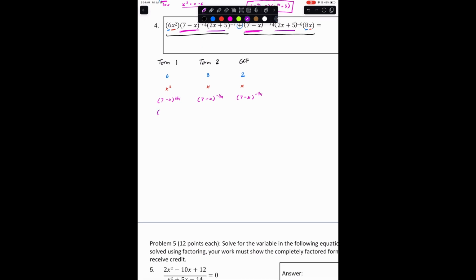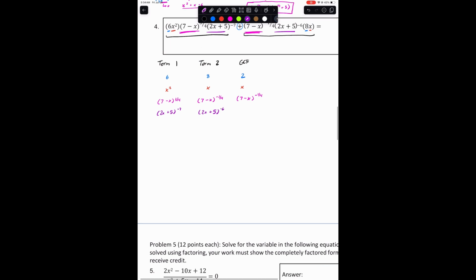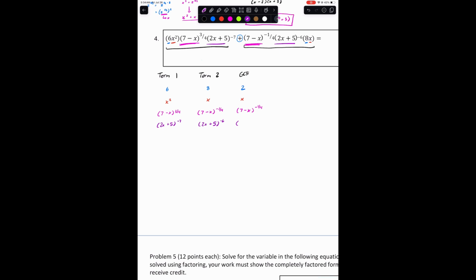So 2x plus 5 to the negative 7, and then 2x plus 5 to the negative 6. And I will take out the 2x plus 5 to the negative 7. So usually I choose the smaller exponent. Especially with negatives, it helps minimize how many negatives I have, but it's up to you.